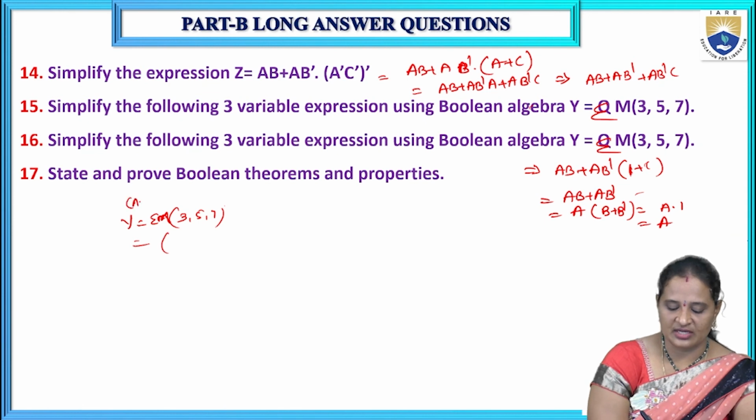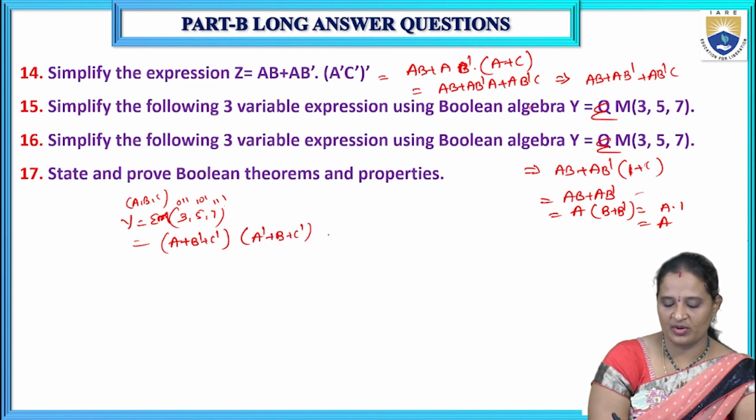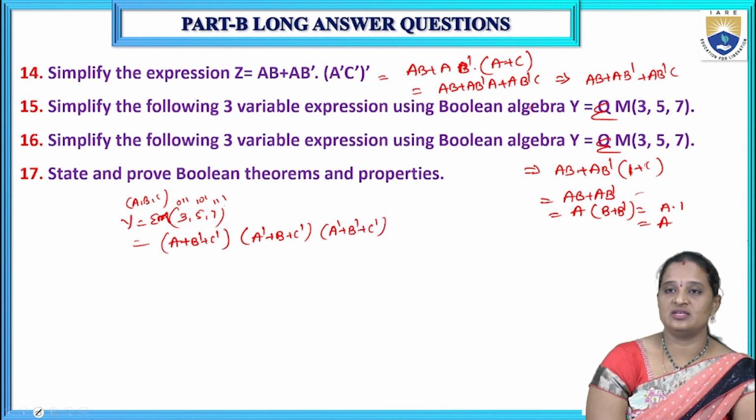Let us consider it is a function of A, B, C. M3 is nothing but 0, 1, 1. What is the max term for this one? That is A plus B complement plus C complement, and this one A complement plus B plus C complement, into A complement plus B complement plus C complement. So you take this, apply all the Boolean algebraic theorems and laws, and simplify it.